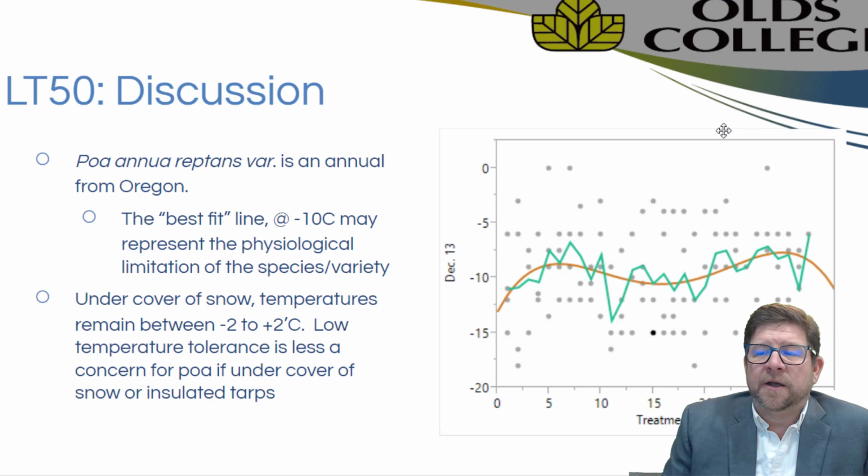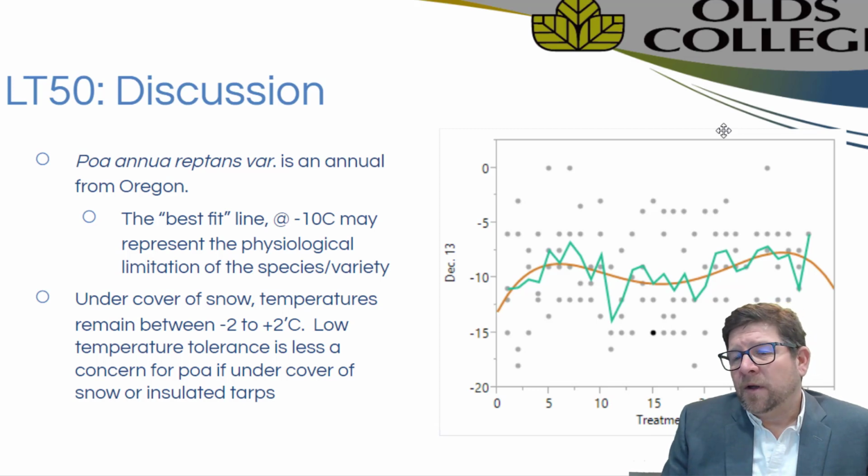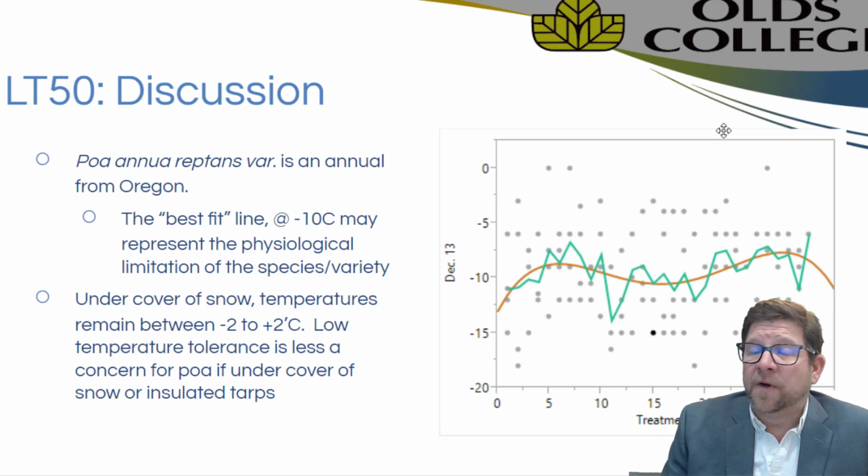But typically, if you have good snow cover, temperatures are never going to get down to that lethal temperature. So the takeaway here is, if you do have annual bluegrass playing surfaces, or you're trying to save the Poa, keeping them covered, whether it's tarping, insulators, or snowfall, snow fences or otherwise, is crucially important.